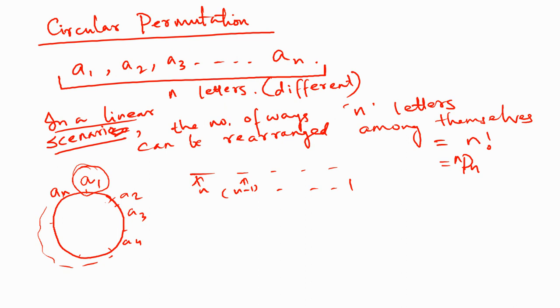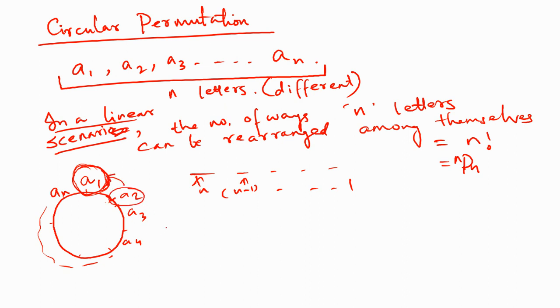We have to fix this spot. Because this is a circle, one spot needs to be fixed, otherwise you cannot make the difference. When we fix this spot, with respect to a1, a2 can say, I am sitting next to a1 in this scenario.